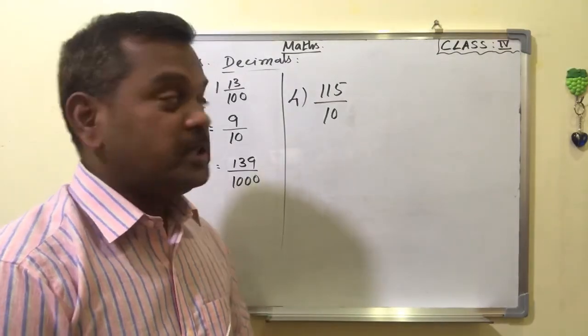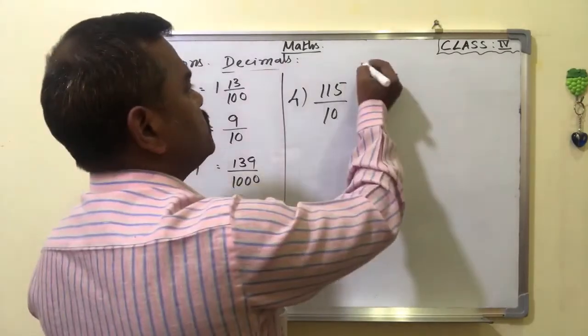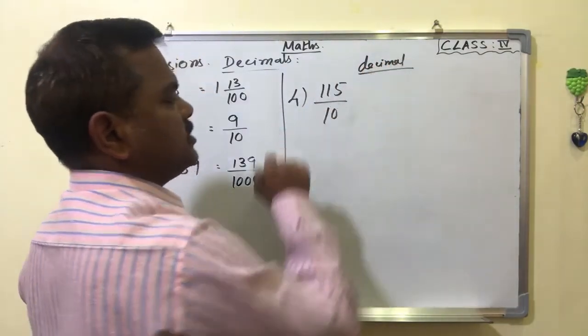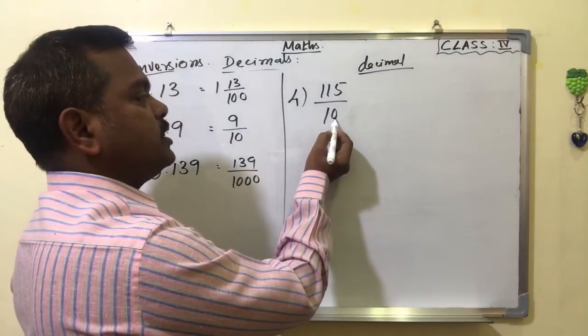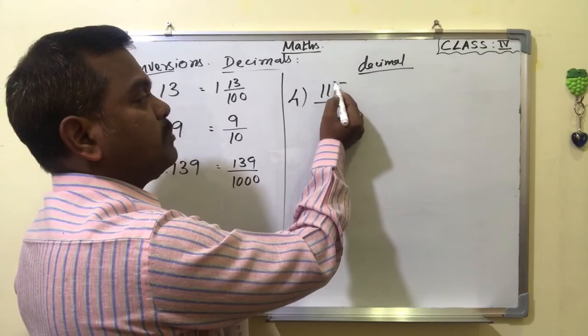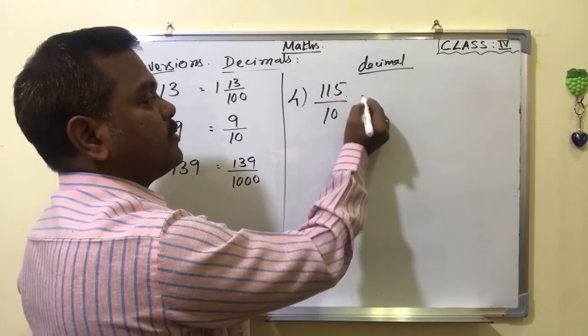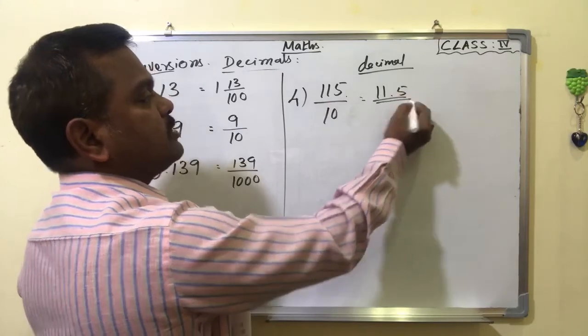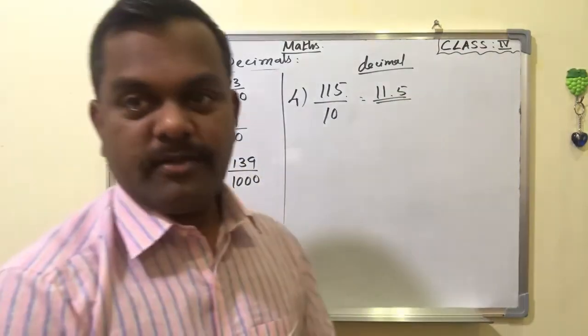You have to convert it into decimal. How to convert? In 10, how many zeros? Only 1 zero. So you have to move the point 1 decimal place to the left side. The point should come here: 11.5. 11.5 is the answer.